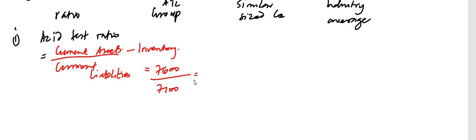And that gives us 7,600 by 7,100, which is 1.07. That's the ratio which we have.